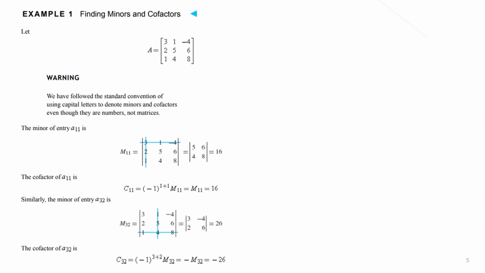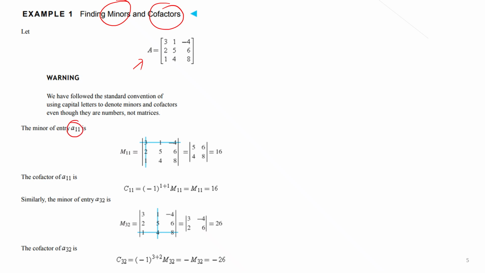Okay, now let's use those definitions that we have earlier about minor and cofactors. You have this matrix. Now you want to find the minor M of 1, 1.